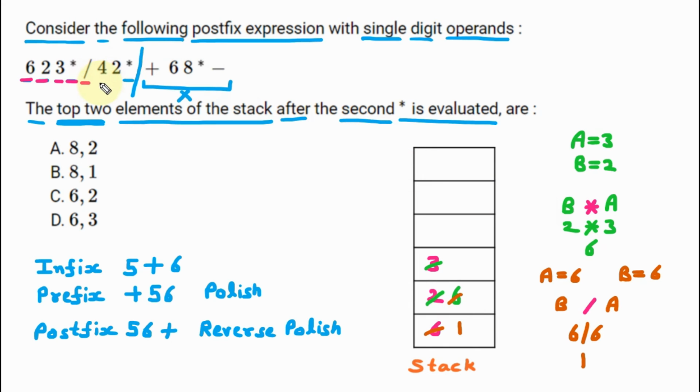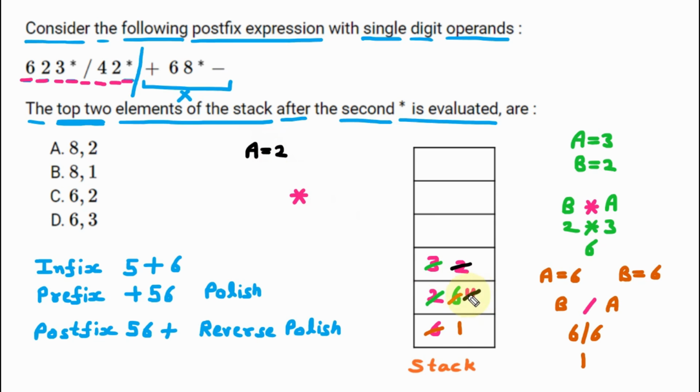Next we are having 4. 4 is the operand, so push it inside the stack. Then 2. 2 is the operand, so push it inside the stack. Then is star. So star is encountered. We know that whenever we are having an operator, then we need to take out the top two elements. So the top element is popped, which is 2, and that is placed inside the A. So the value of A is 2.